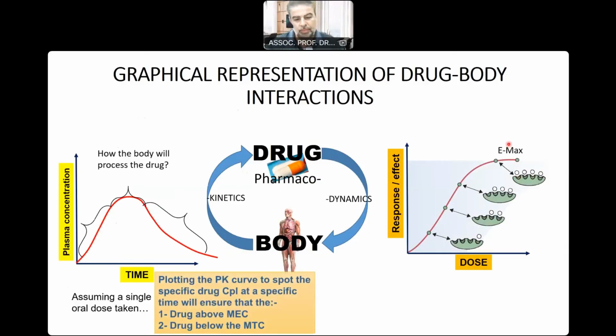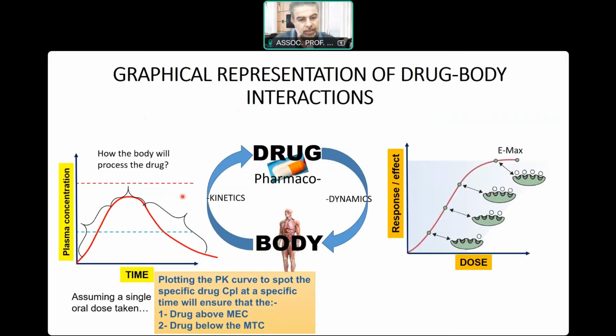So in brief, when we plot the pharmacokinetic curve to spot a specific drug plasma concentration, the advantage is that we ensure the drug is in the blood within the therapeutic range, that is above the MEC, the minimum effective plasma concentration, but also below the MTC, the minimum toxic plasma concentration.